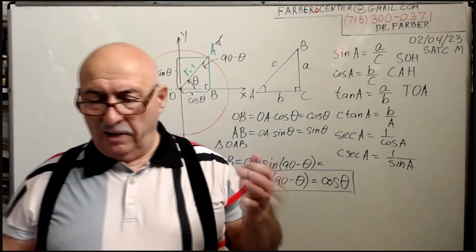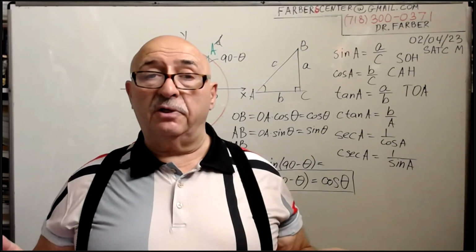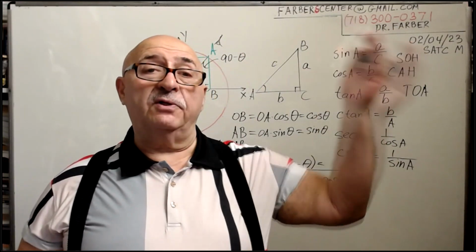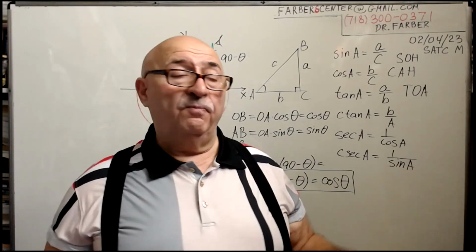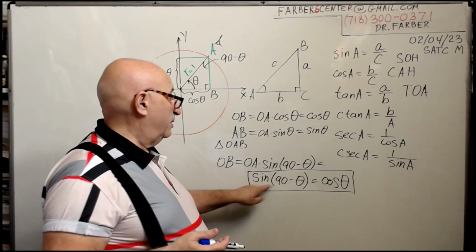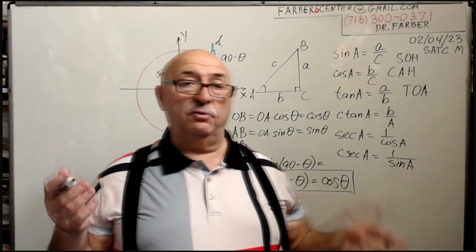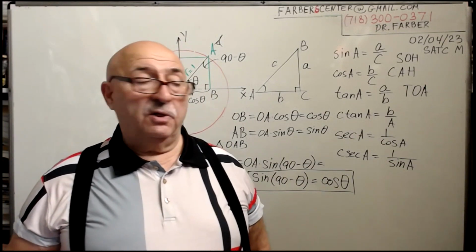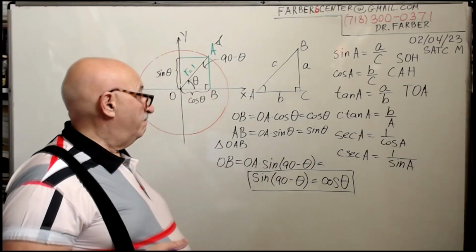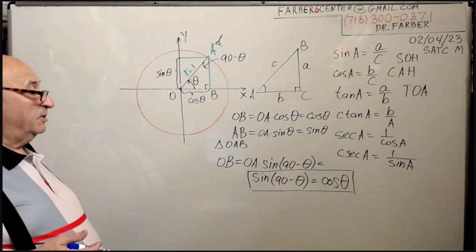To compare left and right parts, they're supposed to have identical functions, sine and sine. Let's say if one side is sine, another cosine. Easy, you have a tool. If you take from 90 this angle, you get cosine of theta. And you can make two parts, we do it today many times, related to the same function. Keep that in mind for any questions, right? When we're talking about cofunction, this works like this.